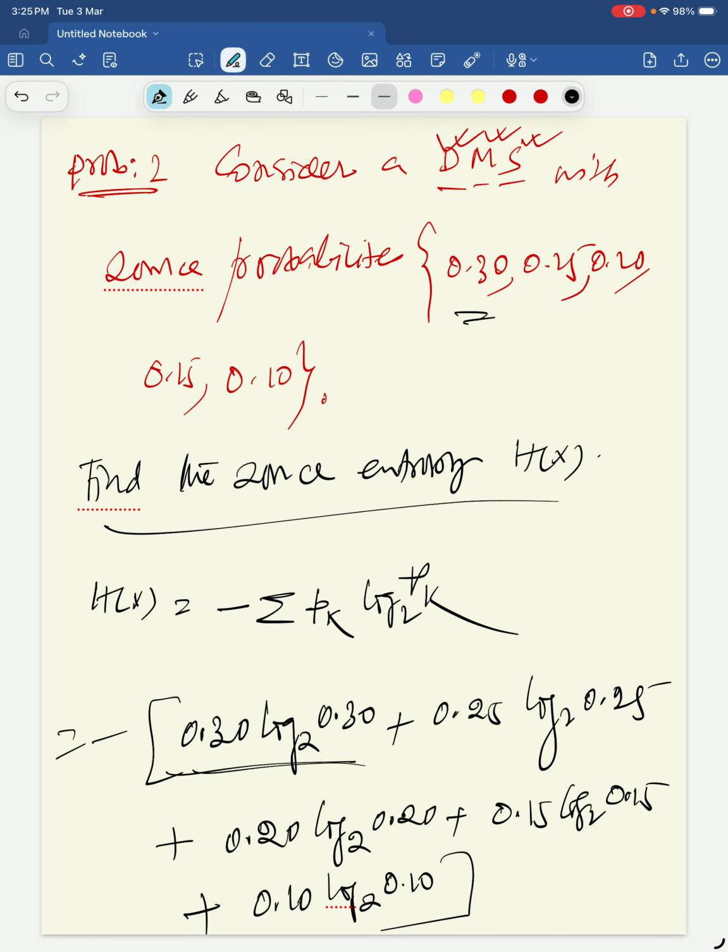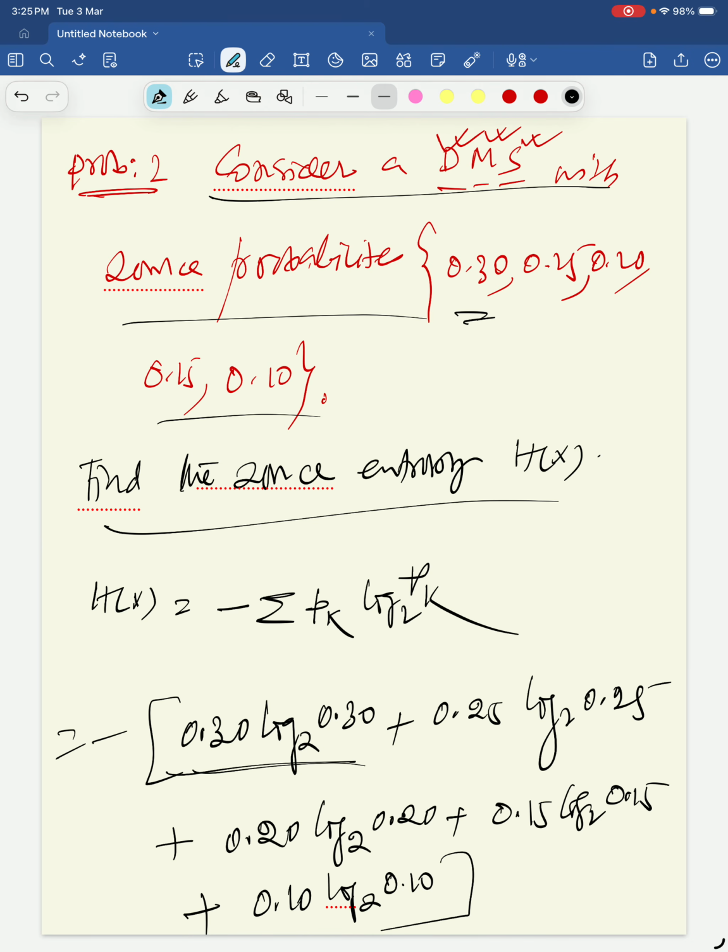So that will be the answer. So whenever probability comes, we will use this formula only.